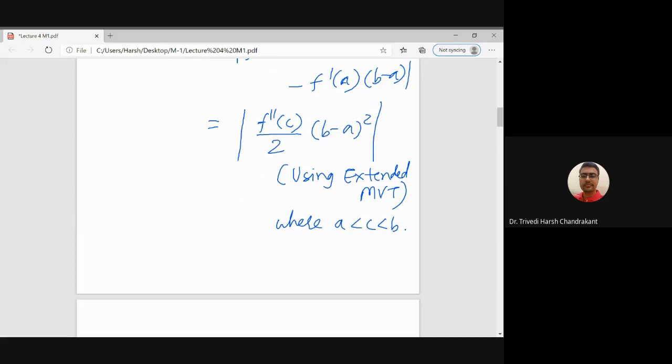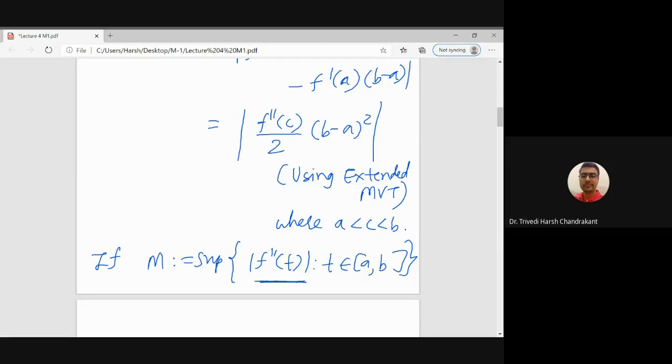For example, if our function has a second derivative which is continuous, then we can find the maximum value of the function, right? And that will be m.